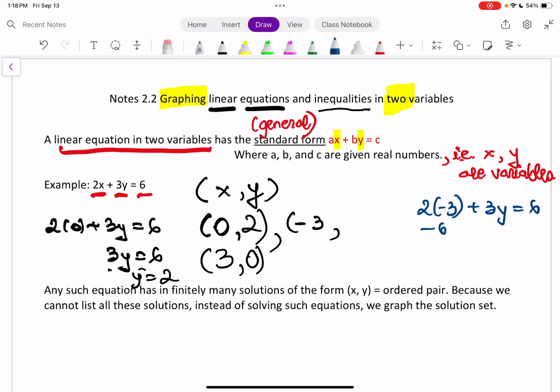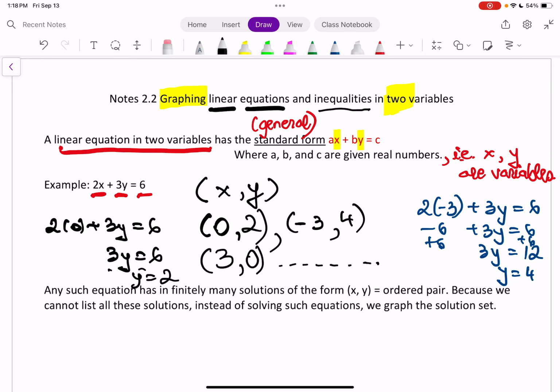So that's negative 6. Add the 6 over, and I'll get a 12. And so therefore divide by 3, so y is 4. Okay. And you can go on, and I don't want to waste too much time because we in fact don't need more solutions.